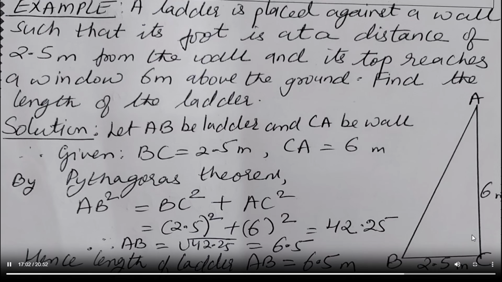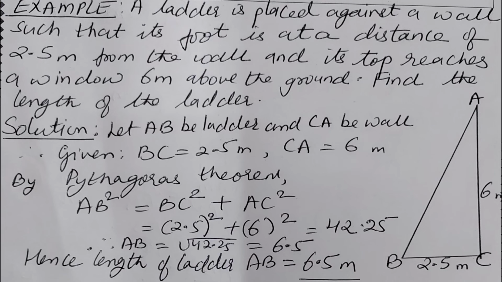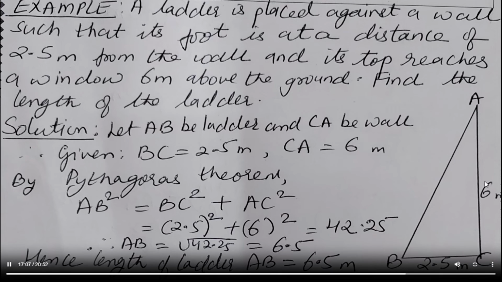To understand the Pythagoras theorem, let's take a small example. A ladder is placed against a wall such that its foot is at a distance of 2.5 meter from the wall and its top reaches a window 6 meter above the ground. Find the length of the ladder. Now, suppose AB is the ladder and CA is the wall, then we have to find the length of AB.